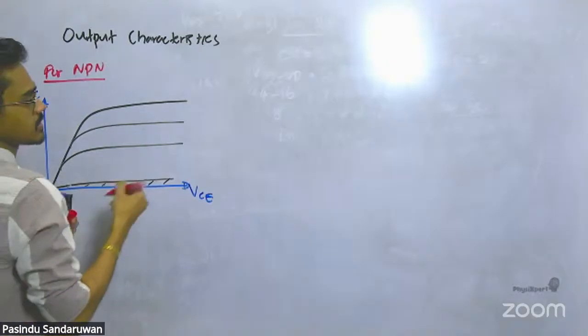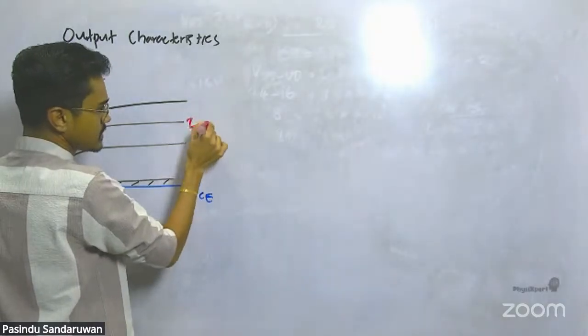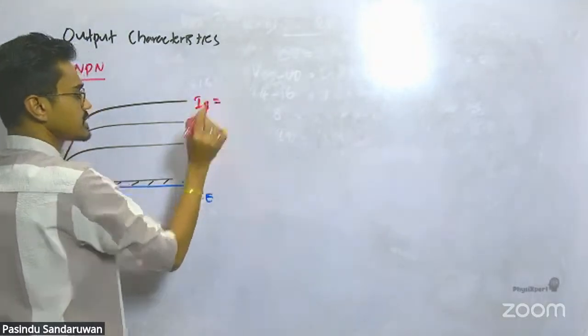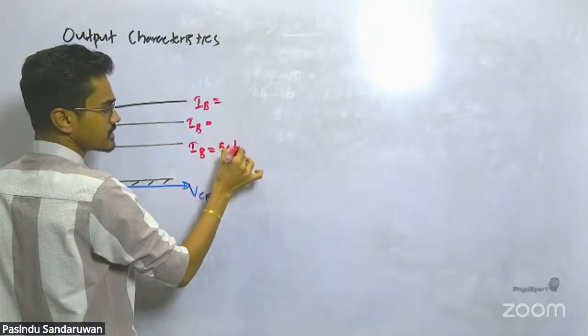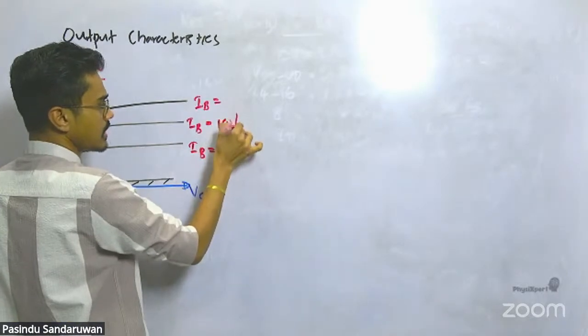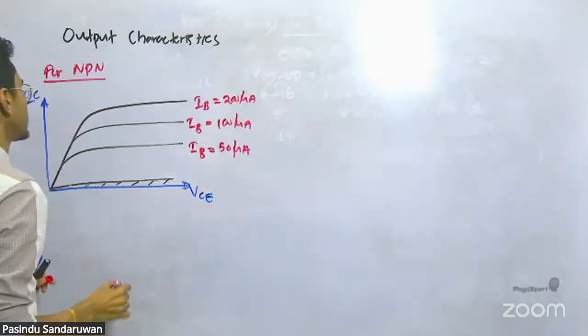When this graph is plotted, IB is kept at constant values, say 50 microamperes, 100 microamperes, 200 microamperes.